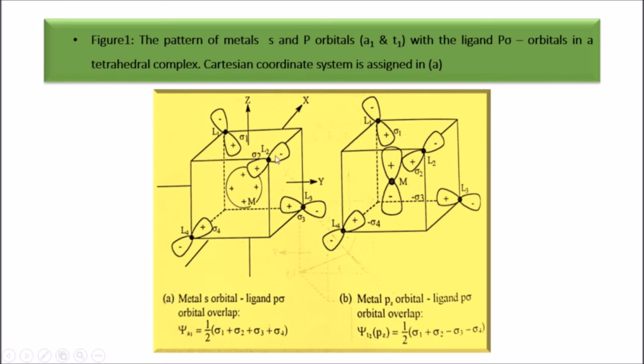So here is the interaction of the ligands with the 4s orbital, and I've already said that the 4s orbital is spherical in shape and is spread uniformly along x, y, and z.